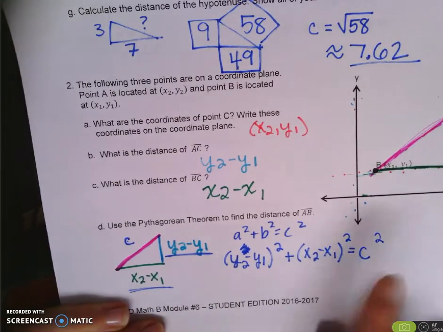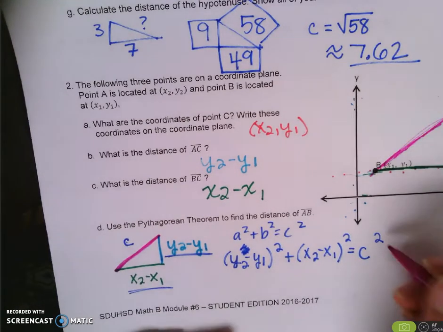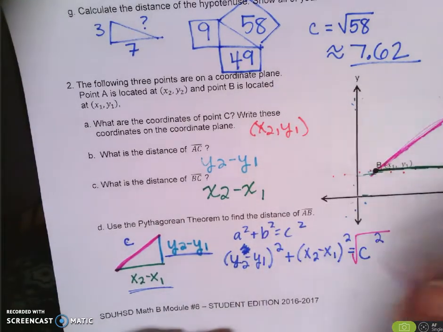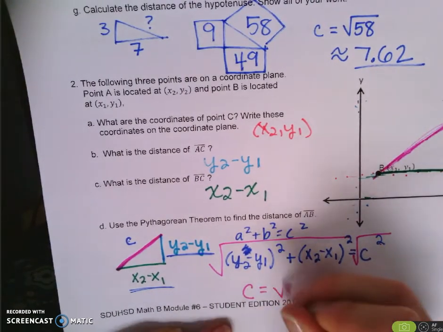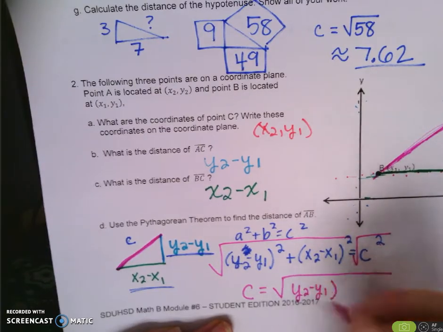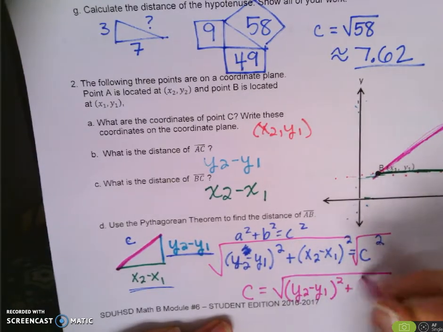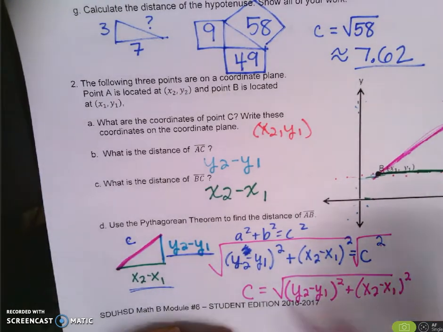Well, I know I'm going to solve for c, so to get rid of the square, I take the square root of both sides. So c is equal to the square root of y2 minus y1 quantity squared plus x2 minus x1 quantity squared.